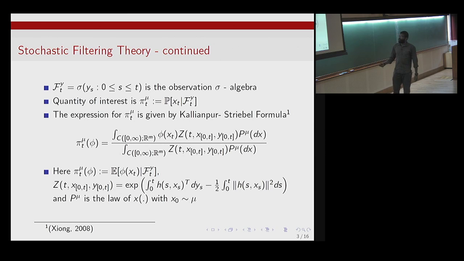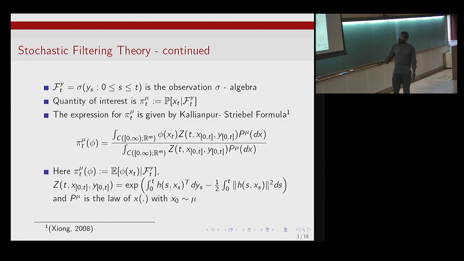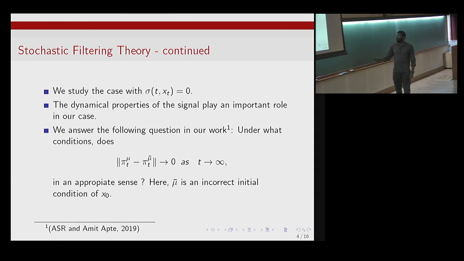Because of that, it is desirable to ask this question: let's say I use this formula, but I replace mu with mu bar, I get something which is pi mu bar t. Now, let's say mu is the correct initial condition and mu bar is the incorrect one. There is no reason to expect that pi mu bar t is the conditional distribution.